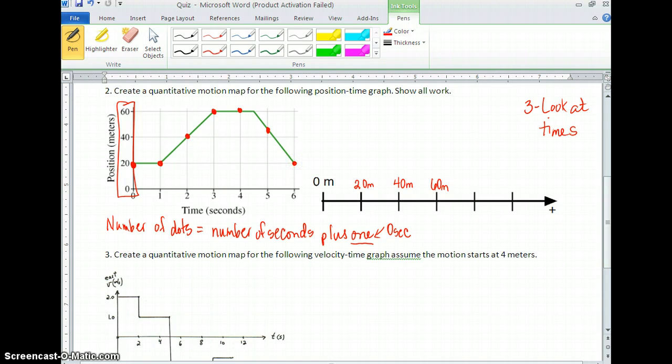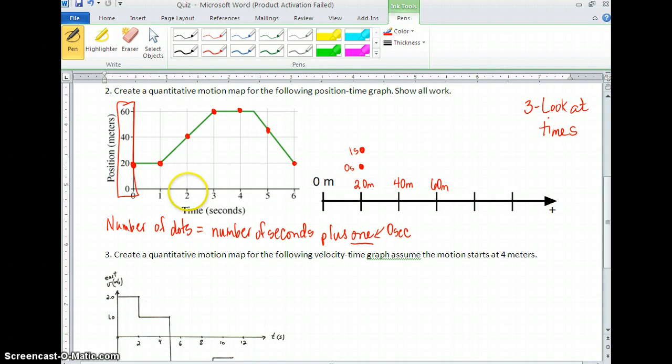Now each one of these dots that you just made is going to go onto your motion map. So at 0 time, he was at 20 meters. So this is my first dot showing that this is 0 seconds. At 1 second, what position was he? Still in the same position. So you're going to stack the dots, and this is your 1 second.